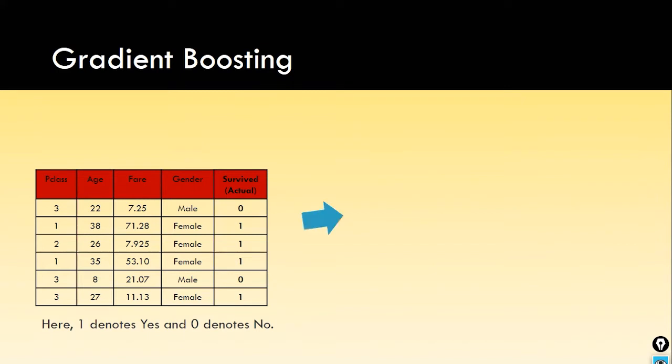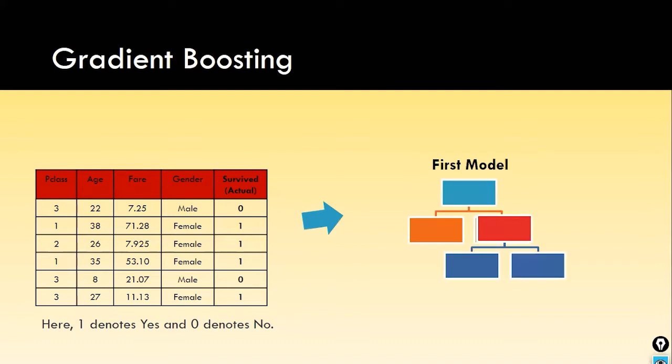As a first step, it fits the first model to this original data. Now, as we have done in the regression technique in building the first tree, we have taken the average of our target attribute. Since this is a classification problem, it makes the initial predictions on the data by taking the log of the odds of the target feature.